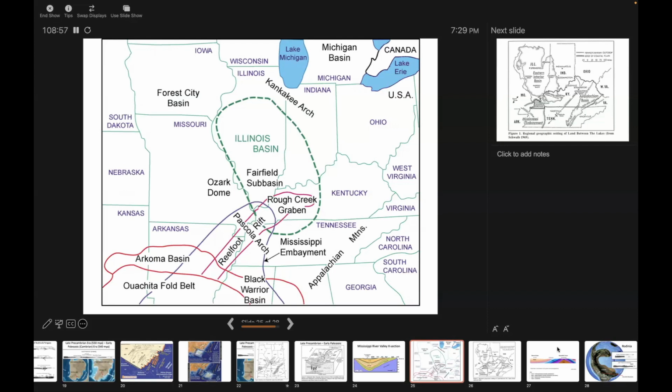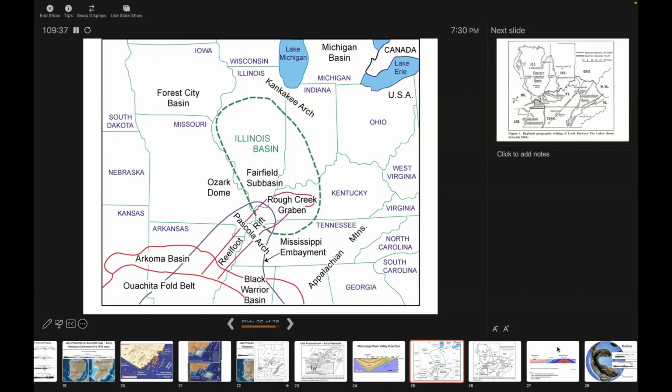And if there were swamps there 350 million years ago, then what is going to be there today? Coal or natural gas, right? So by knowing where these basins are, you can predict where fossil fuels are located. And of course, that matters to our society for various reasons. So areas like the Black Warrior Basin of Alabama is today a range of hills and low mountains outside Birmingham. But it was a basin 350 to 400 million years ago that captured all these sediments.